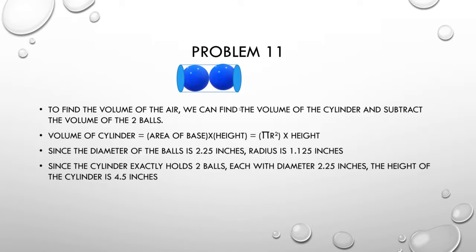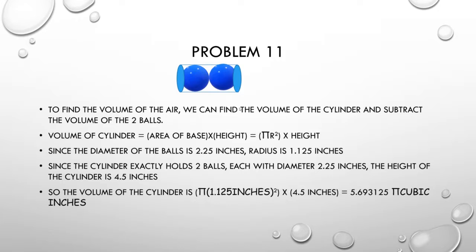And since the cylinder holds exactly 2 balls, each with a diameter of 2.25 inches, the height of the cylinder is 4.5 inches. So the volume of the cylinder is pi r squared times the height. We get pi times 1.125 inches squared times 4.5 inches. This works out to be 5.693125 pi cubic inches.